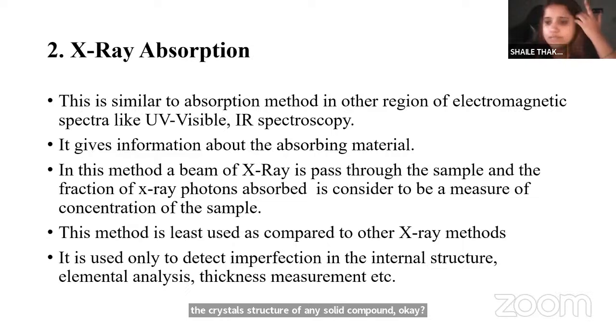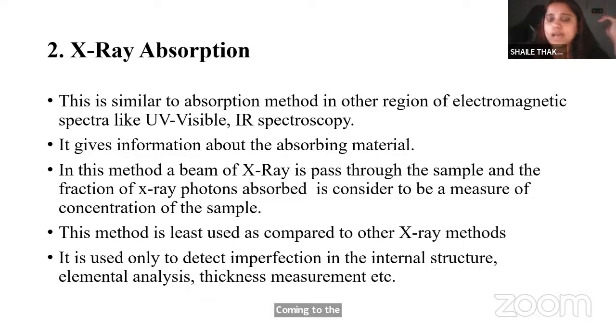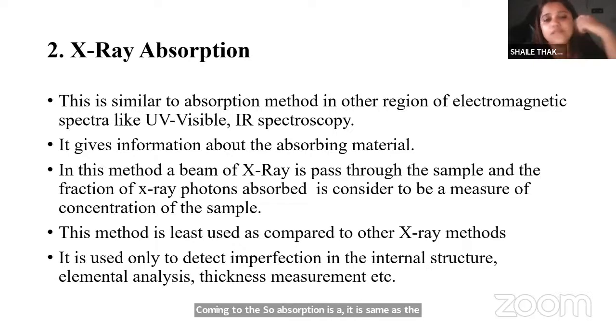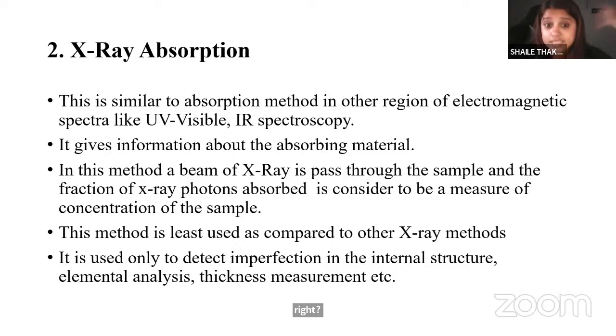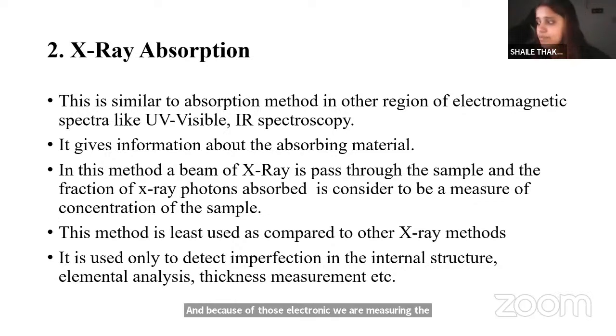Then coming to X-ray absorption. Absorption is the same as absorption spectroscopy, right? Whenever your sample is absorbing the light, there must be an electronic transition of the electrons. And because of those electronic transitions, we are measuring the concentration of the component present in the sample. So this is about X-ray absorption.